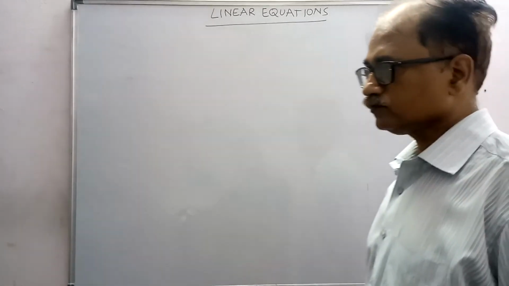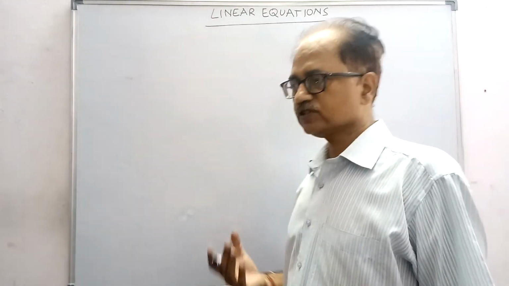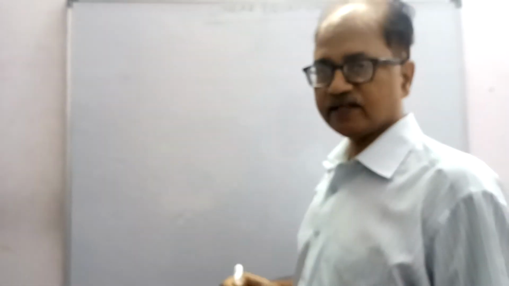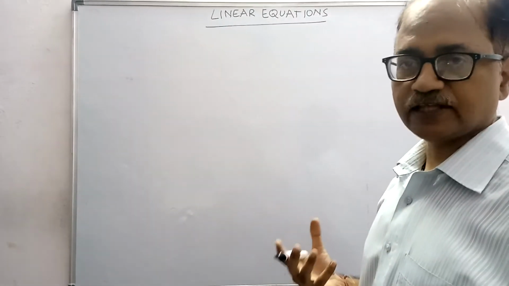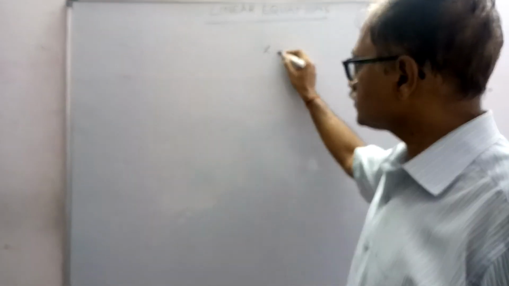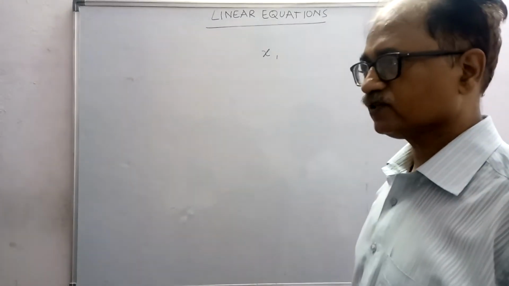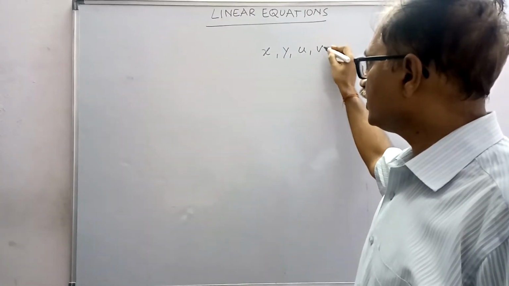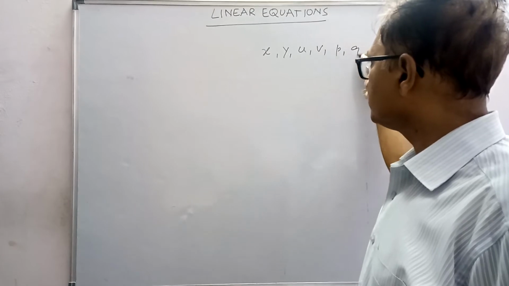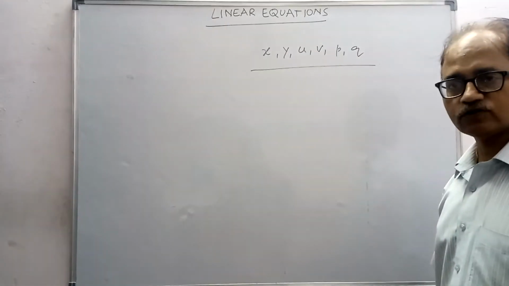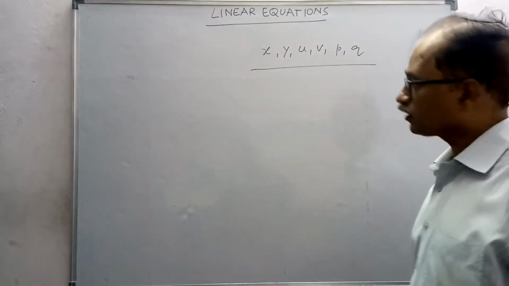Now, a linear equation is one where, you see, there are two things: constants and variables. If you write terms in x, that is a variable. Y, u, v, p, q, these are all variables, because their values you don't know, and you can solve for these values with the help of a linear equation.